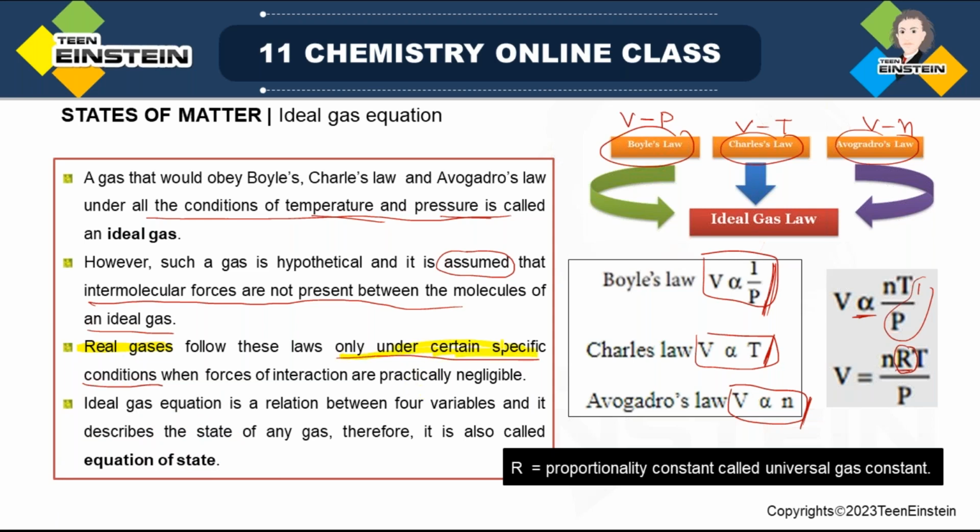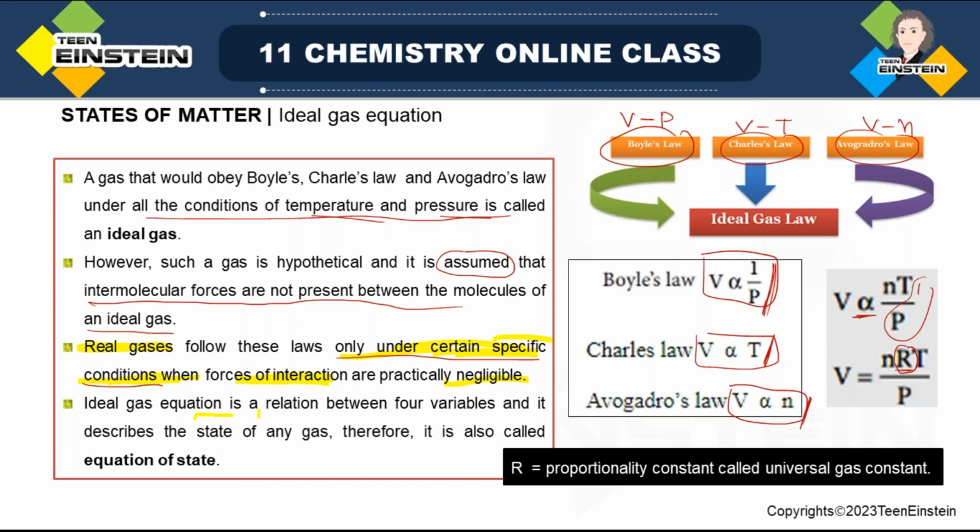Only under certain specific conditions, where the intermolecular forces are practically negligible, though we cannot say they are zero. So there may be some conditions where these interactions are very negligible. Real gases will have a tendency to behave like an ideal gas, but it is just close to the behavior of an ideal gas, not exact.